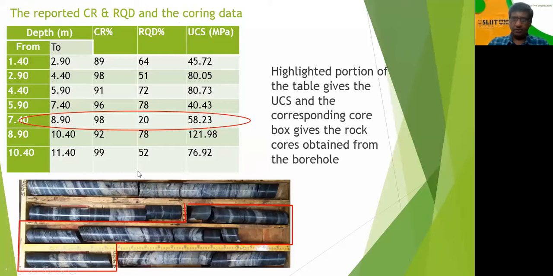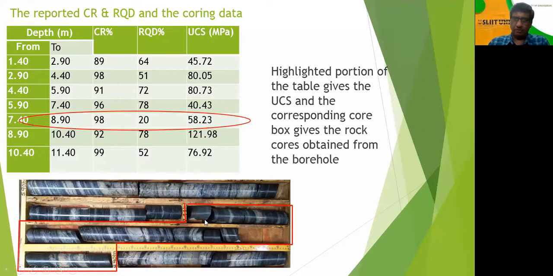So what I am going to show here, in this particular rock core, you obtain the UCS value of 58.23. That is the UCS value obtained, and corresponding to that, the core box gives these test rock cores.